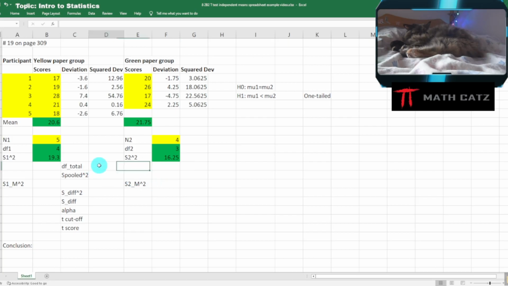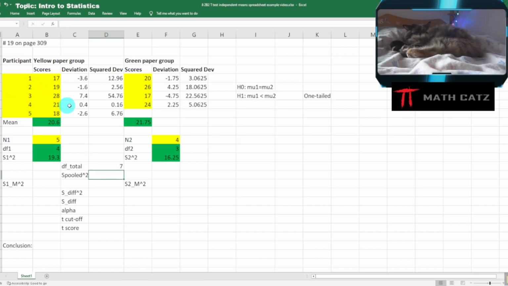So the total degrees of freedom will then be the sum of these two. Now I can go for a sum function, but I only have 2 of them, so I'll just do 1 plus the other one. These are all technically green cells, but I don't have to color them all.